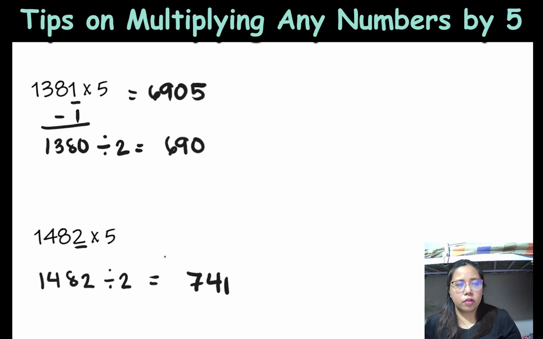Okay, so 741, lagay natin dito. And then, since we are multiplying an even number, lalagay natin ng 0 sa dulo. So, the answer, 1,482 times 5 is equivalent to 7,410.